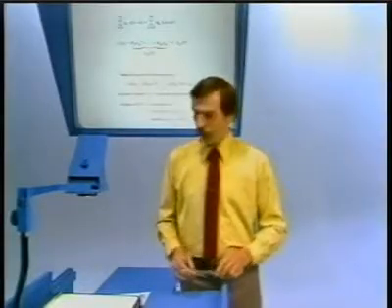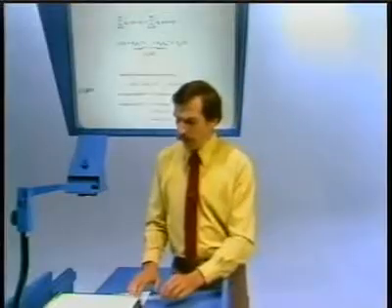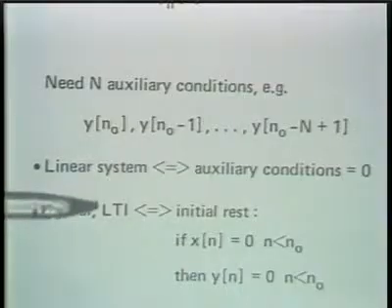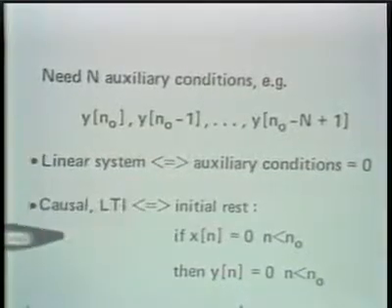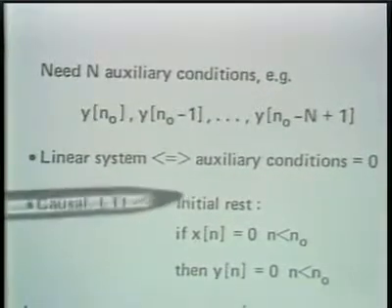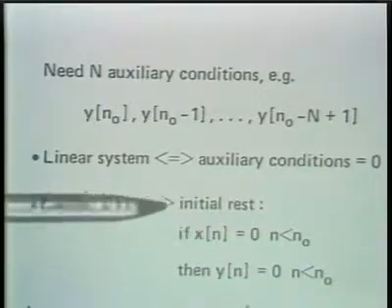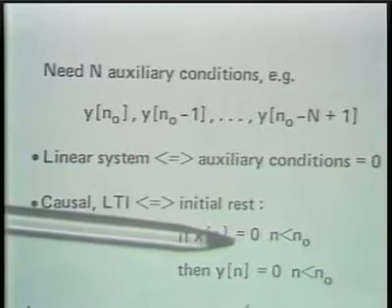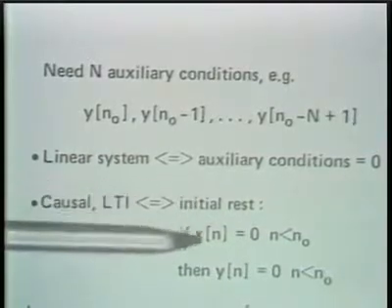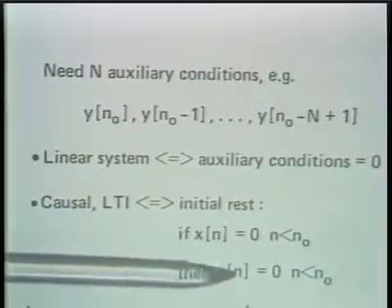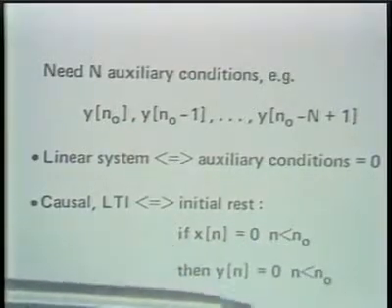In addition, what we may want to impose on the system is that it be causal and in addition linear time invariant, and what that requires again is that the auxiliary conditions be consistent with initial rest, namely that if the input is 0 prior to some time, then the output is 0 prior to the same time.